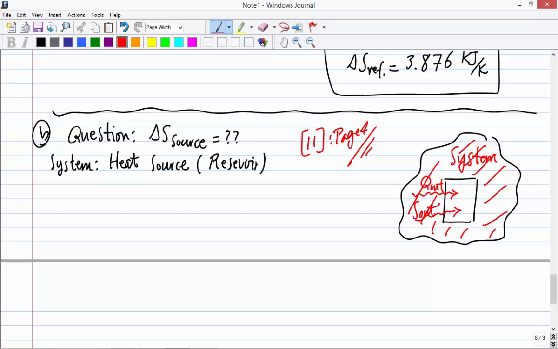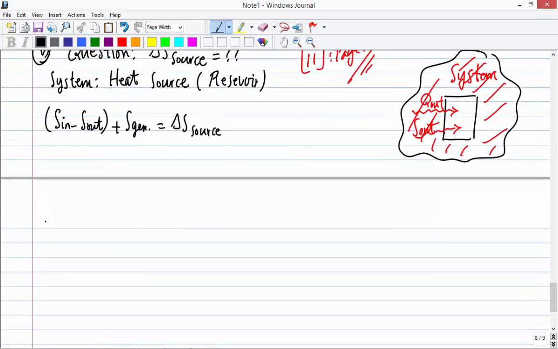This is just a trick, the switching between the heat source and the tank as a system. You'll see in 1 minute why I am doing this. So again, I will start with this famous equation, S in minus S out plus S generated equals the total change of our system, which is the heat source, the surrounding reservoir around the tank.